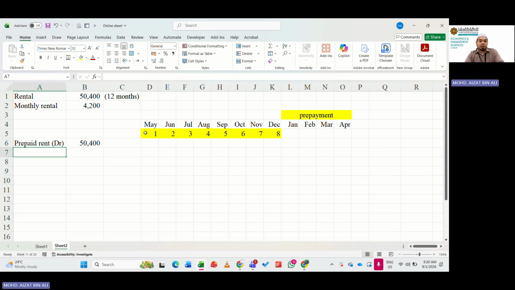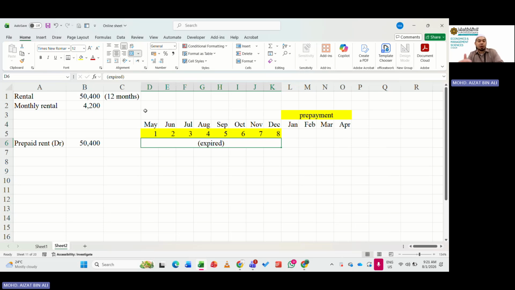And this 8 months, after we close the account, to get all together 12 months is this 50,400 ringgit. This 8 month payment, we call this as already expired. The term expired is a valid term in this chapter.